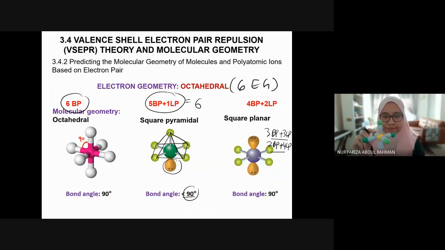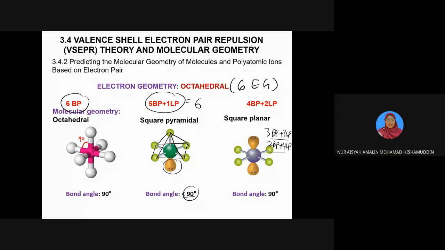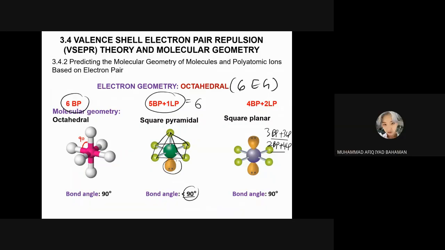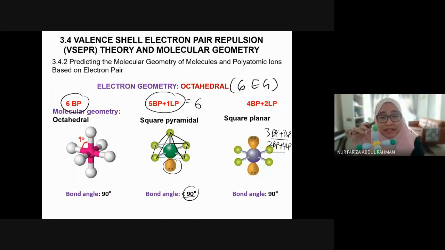Where? Across the first one. Yes, it's opposite, at the top of this, the first lone pair, which is at the bottom, so up here. Because remember, the stronger repulsion would come from lone pair and lone pair.